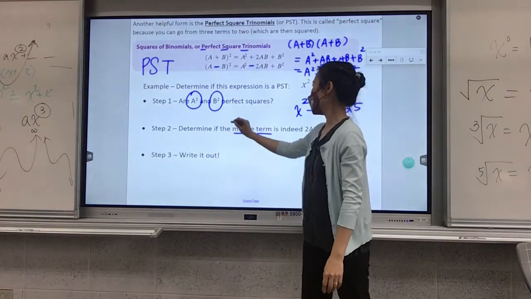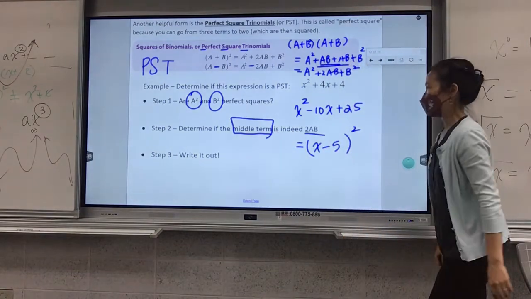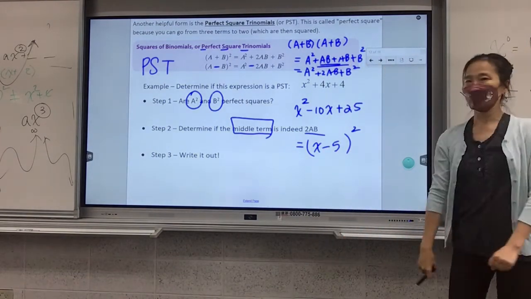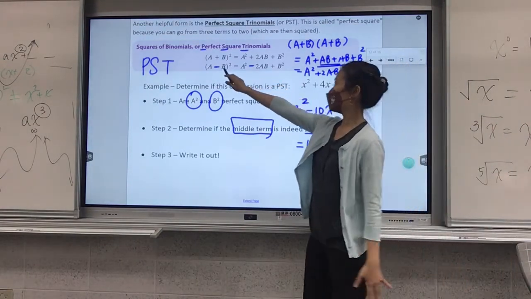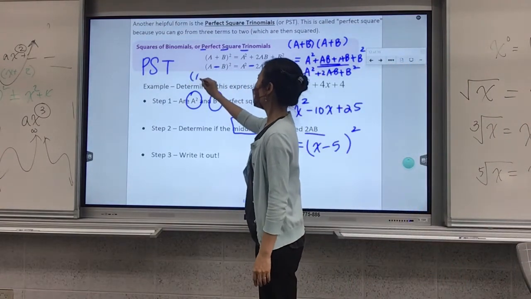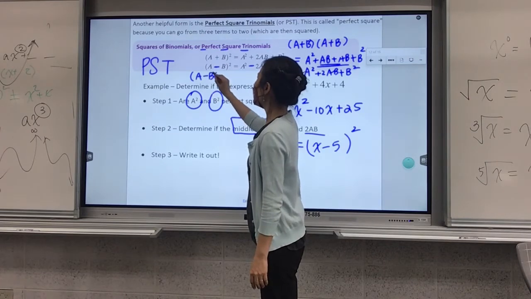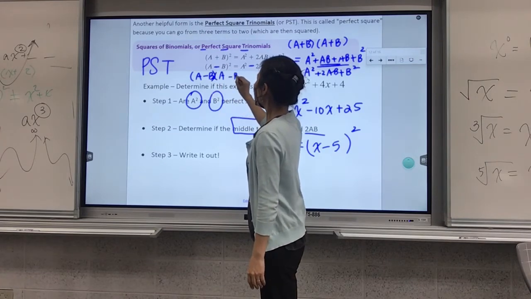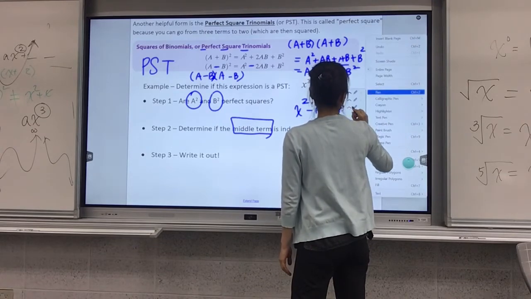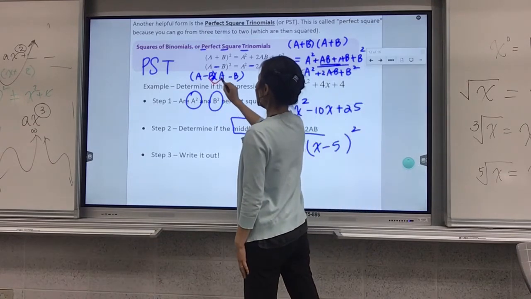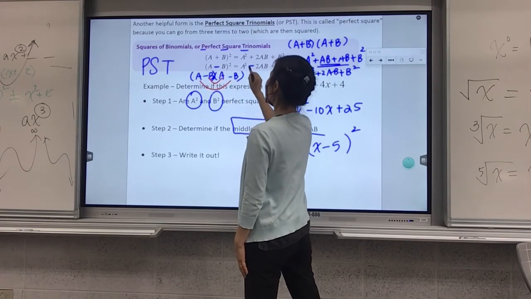See if the middle term is 2ab. Why is it minus 5? Because when you expand, when you do inner and outer, it's minus ab.